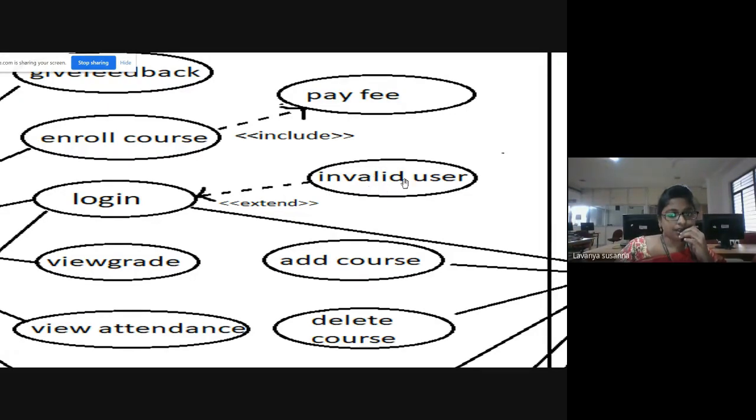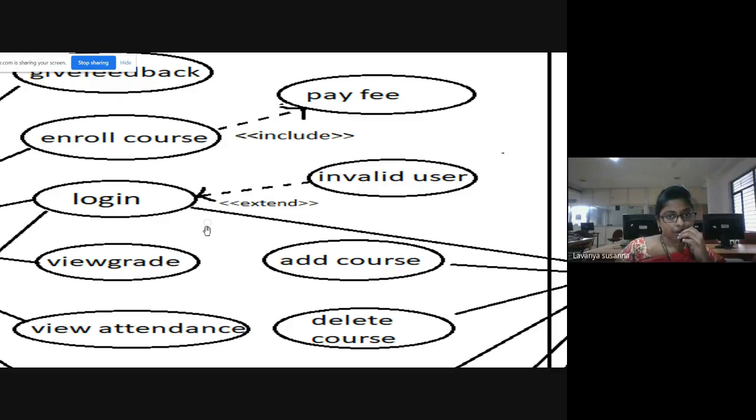Invalid user will be executed when a certain condition is met. What is that condition? If you entered an invalid username or invalid password, then only this functionality will be executed. Then only it will display invalid username or invalid password. Again that form will be displayed, and again you need to enter login.